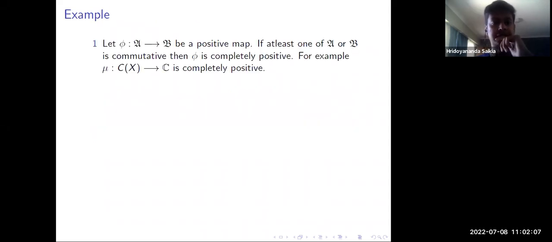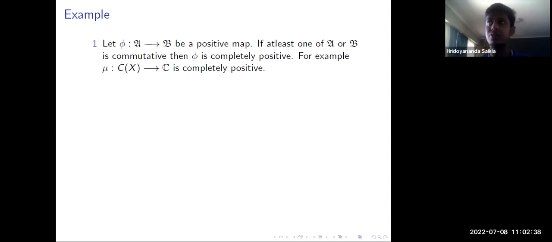Now let A and B be two C-star algebras and P any positive map. Now here is the thing. Suppose I have a map P from A to B. Suppose it is positive, but it will not mean that it is completely positive, because complete positivity is a very strong class of maps.